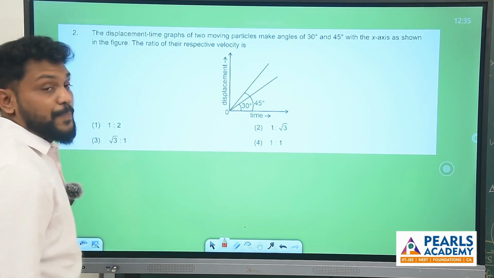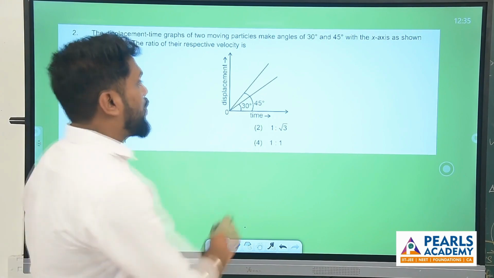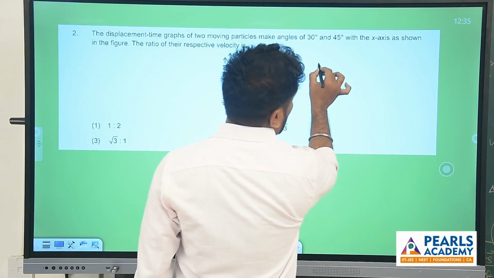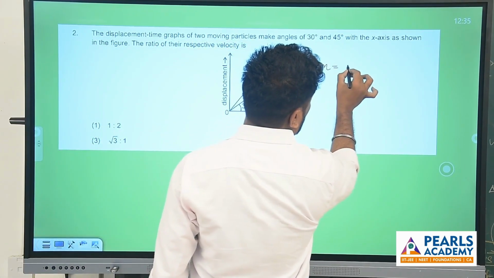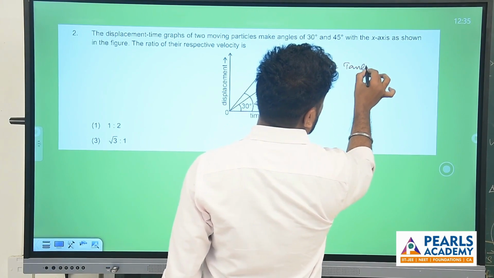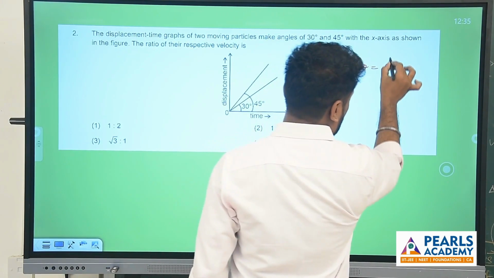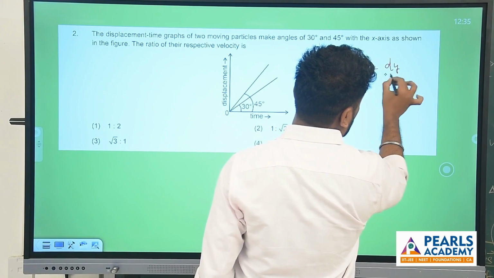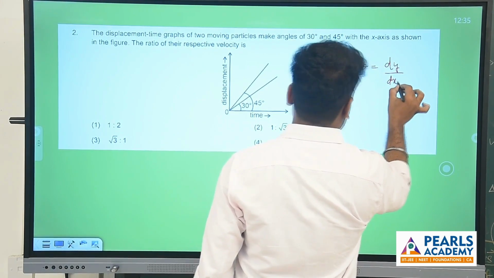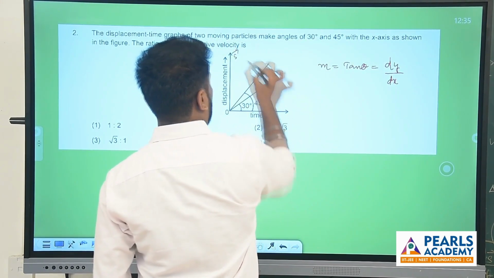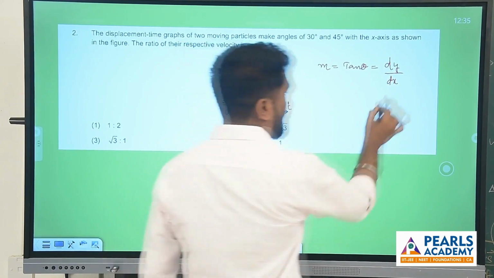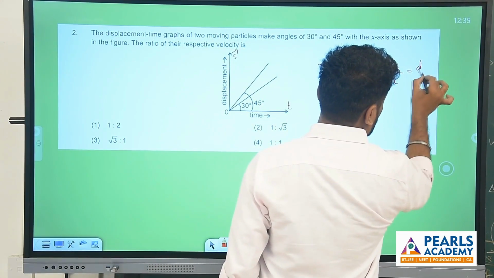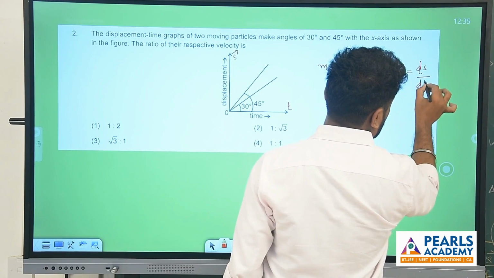The ratio of their respective velocities is very simple. We just discussed that slope is nothing but tan theta, which is nothing but dy by dx. If it is an S versus T graph, this is nothing but ds by dt.